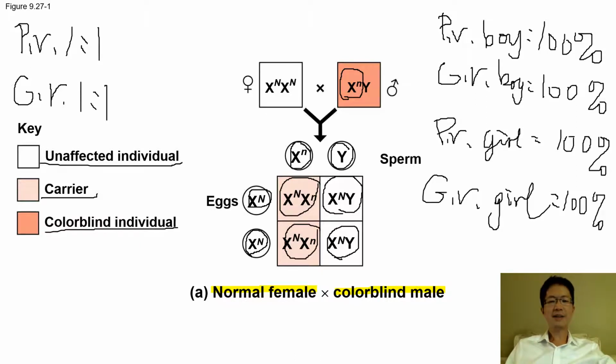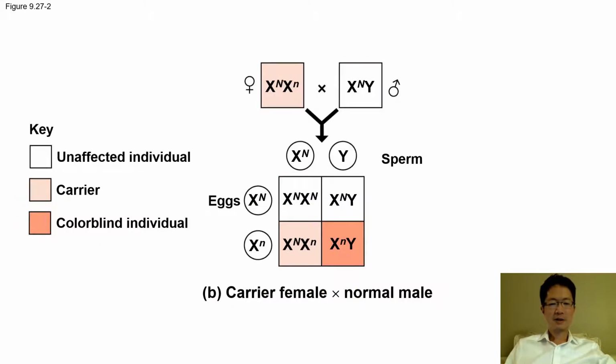It seems easy. Let's take a look at the second example. What is the overall phenotypic ratio of all children? For the phenotypic ratio, you will have 2 unaffected, 1 carrier, and 1 colorblind. So it's 2, 1, 1.